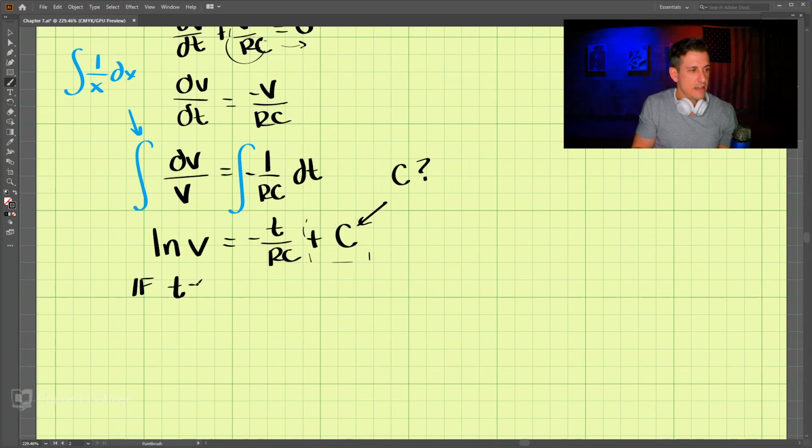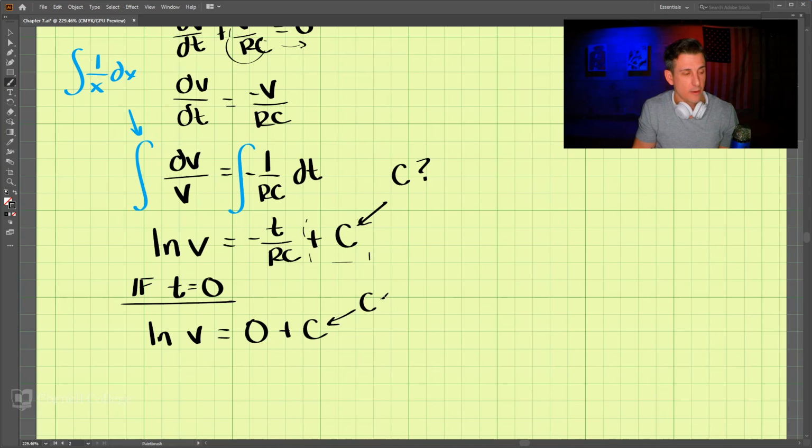If t is equal to 0, that goes to 0. So we have natural log of v is equal to 0 plus c. To make this work, c must be equal to the natural log of v naught.